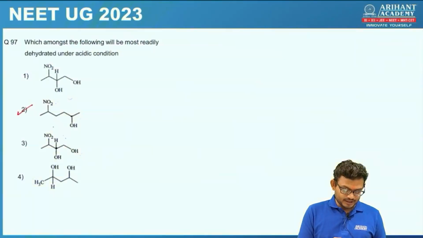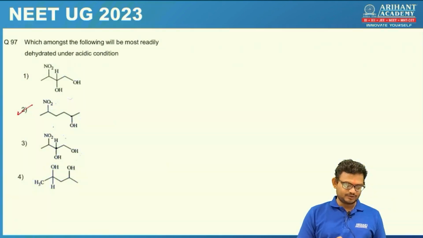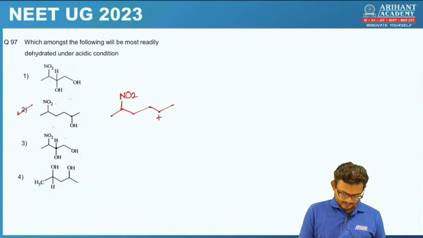Which among the following is most readily dehydrated under acidic conditions? So all of them are alcohols. In acidic conditions, they would undergo protonation, leading to the generation of a carbocation. So we have to just gauge the answer based on the stability of the carbocation. And it is option 2 because the carbocation generated here would look something like this, NO2, and here's the carbocation generated.